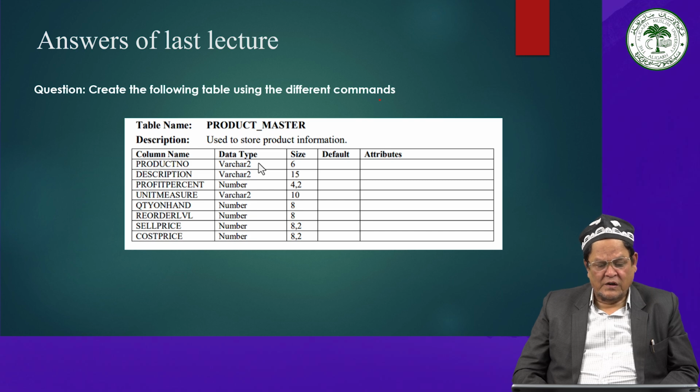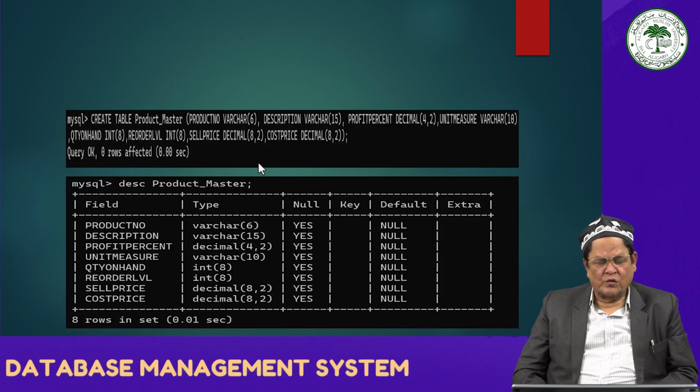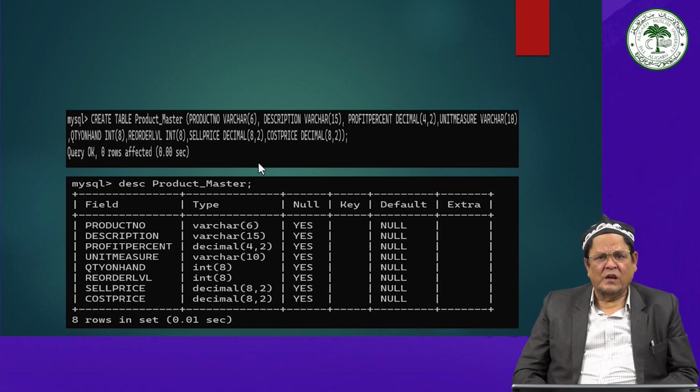The data types were also already given. You have to define varchar, profit percentage as number, and so on. The size I have also given. Here on the screen you can see how you will create it in MySQL.